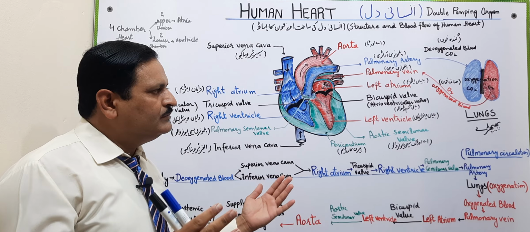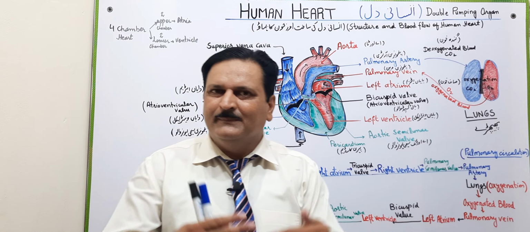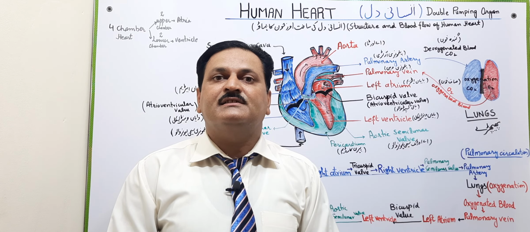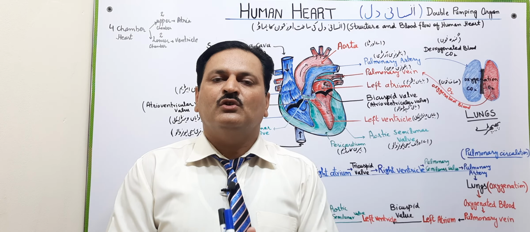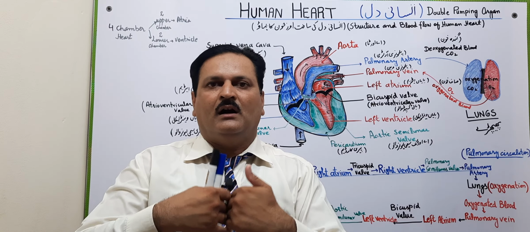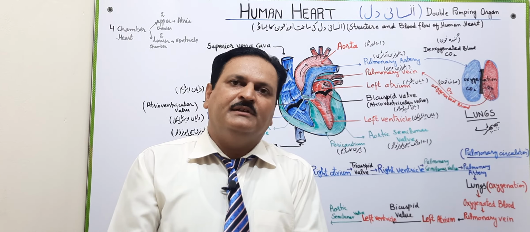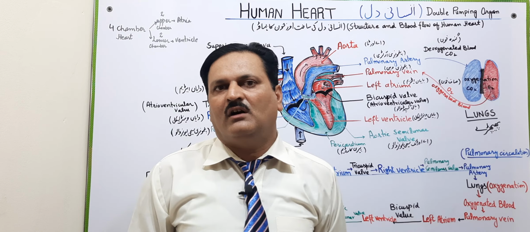There are two circulations of blood. One is pulmonary circulation and the other is systemic circulation. Because the heart is a double pumping organ, it supplies oxygenated blood from the heart to different organs of the body, and from different organs of the body the deoxygenated blood comes back into the heart.